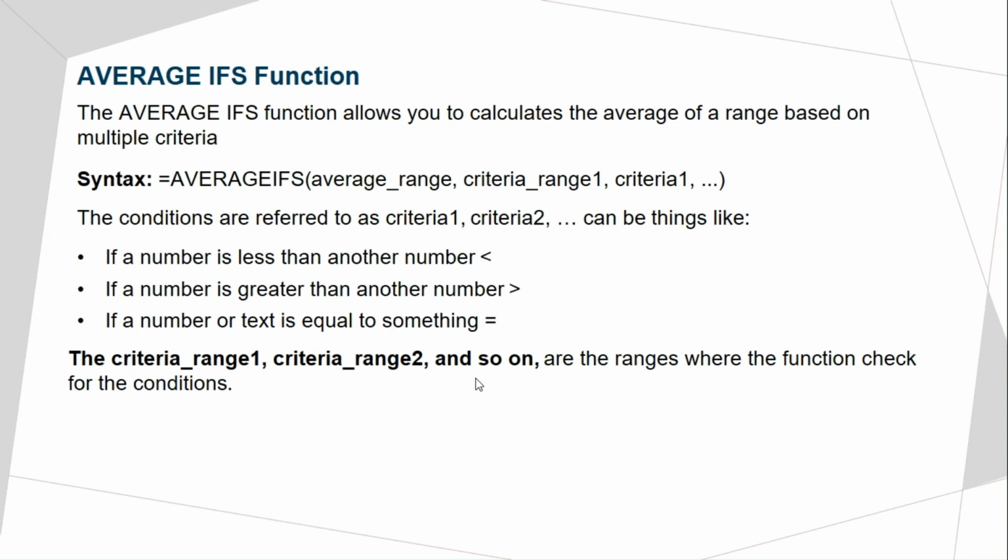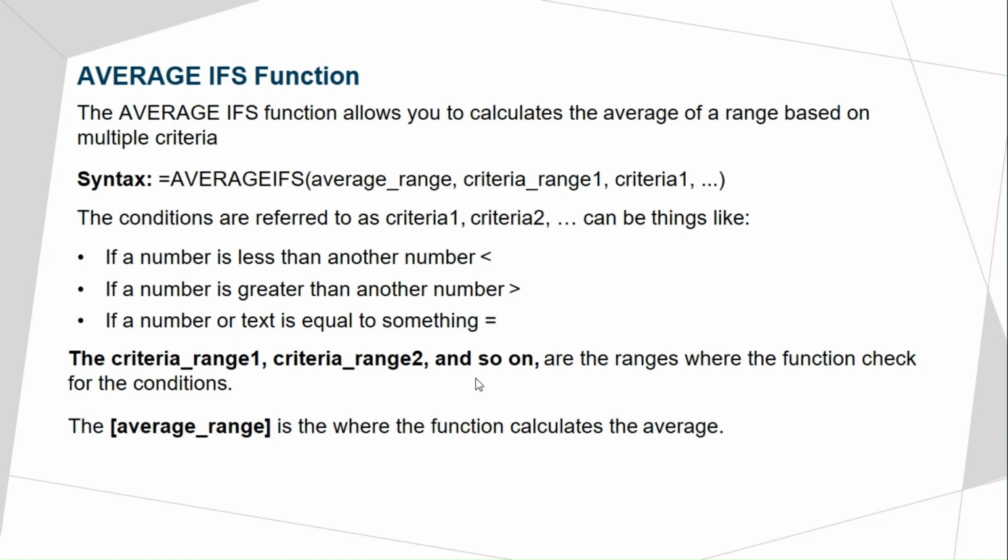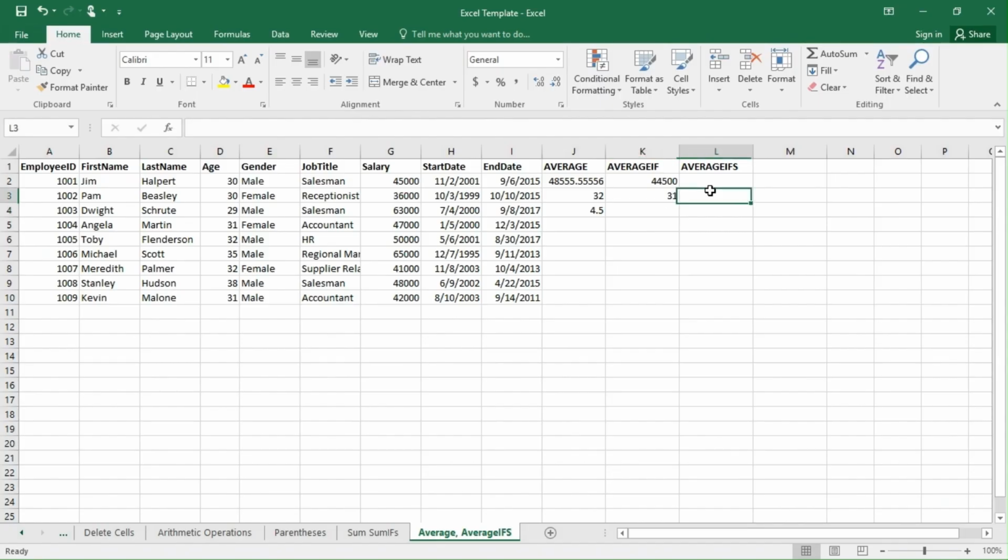So recall for the Averageif, we have the criteria and we have the range. But in this case, because Averageifs accepts multiple conditions, we can have more than one criteria range. While the average range is where the function calculates the average. Let's take a look at Averageifs.